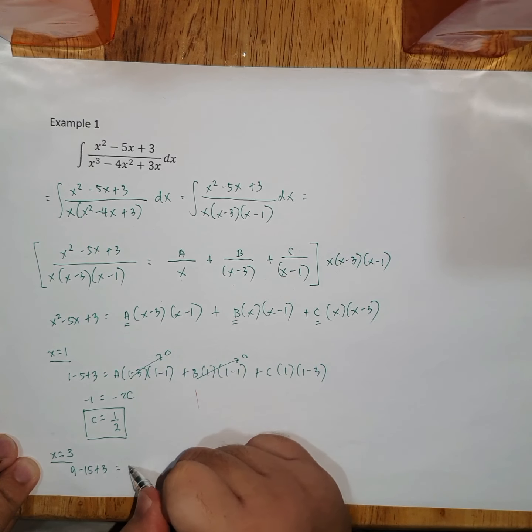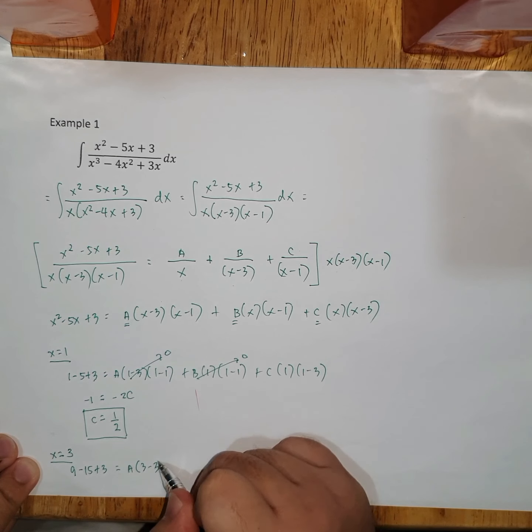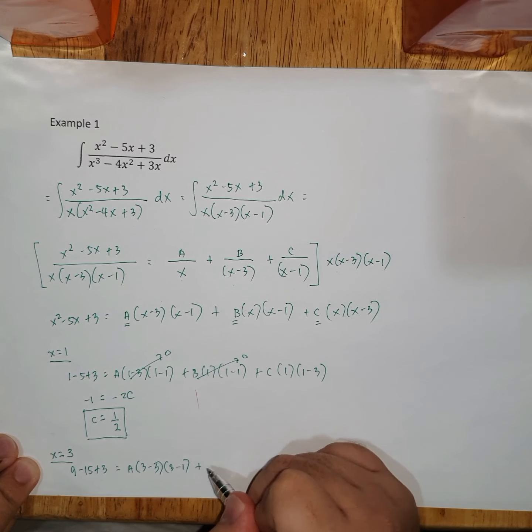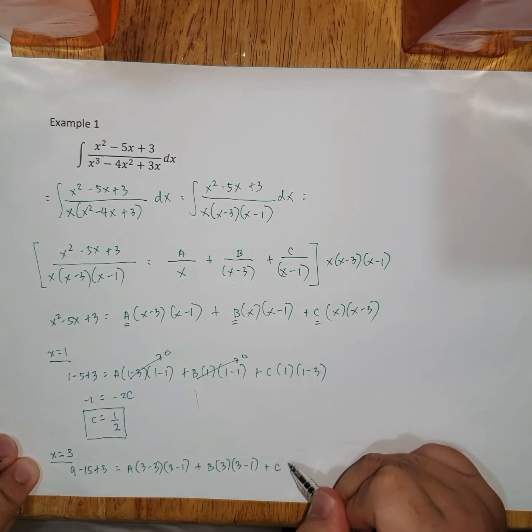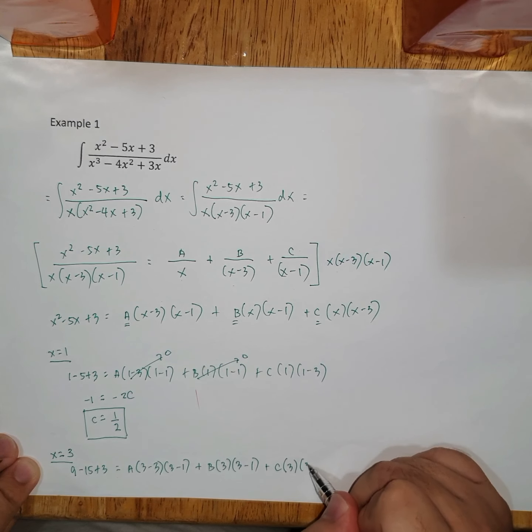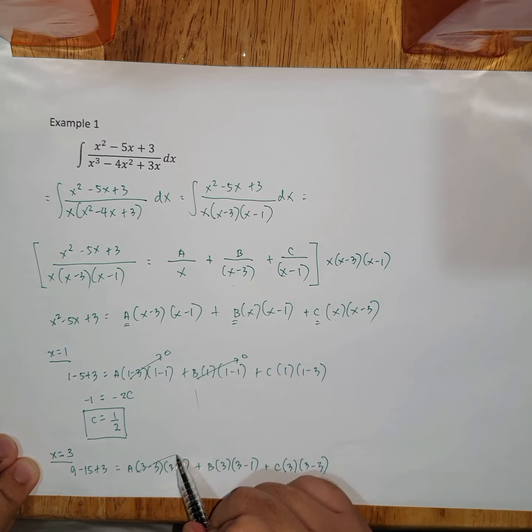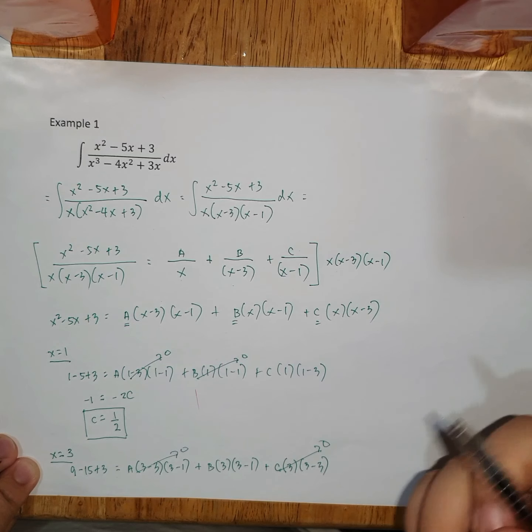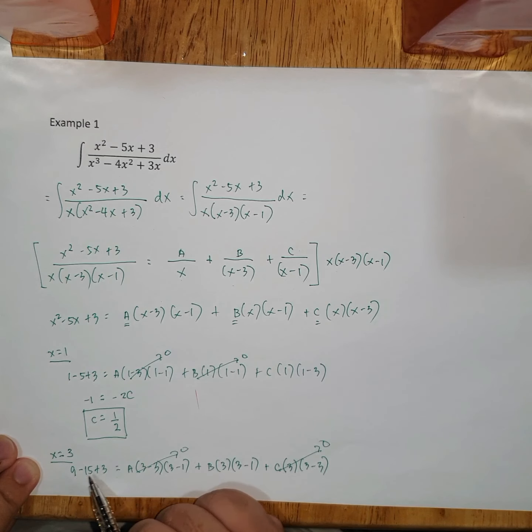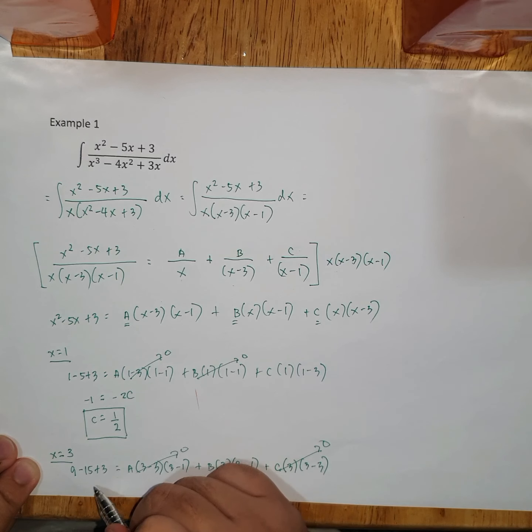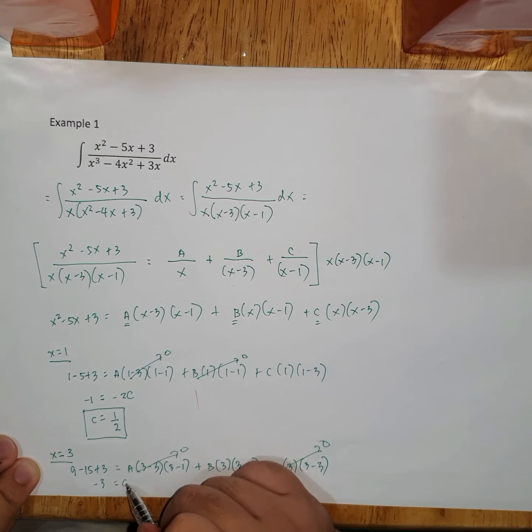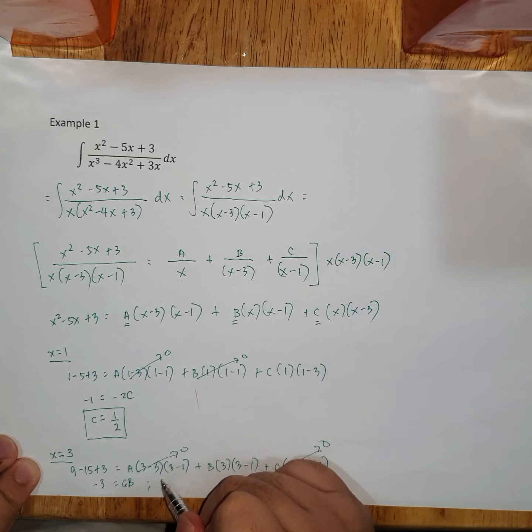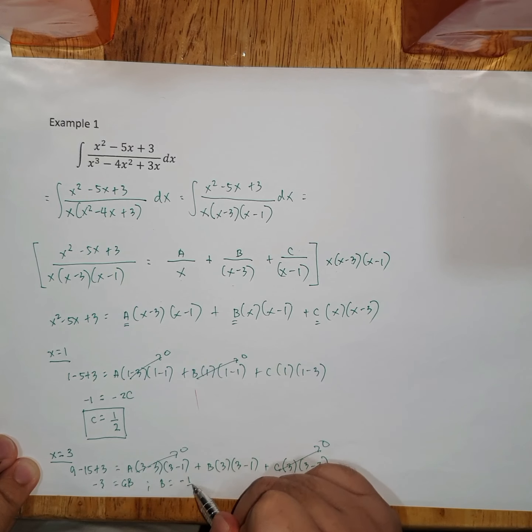Then, we have a times 3 minus 3 times 3 minus 1 plus b times 3 times 3 minus 1 plus c times 3 times 3 minus 3. Again, to will be 0. Answer natin will be, it will be 12 minus 15 is negative 3 is equals to 2 times 3, 6b. So, yung value ng b natin will be negative 1/2. Okay?